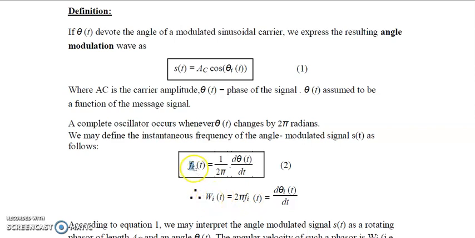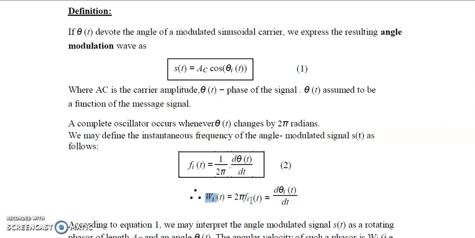Since it is fi, instantaneous frequency, to find the instantaneous angular velocity, frequency is multiplied by 2 pi, that is 2 pi fi. This i is for indication of instantaneous, means for any instant, for the very fractional time.